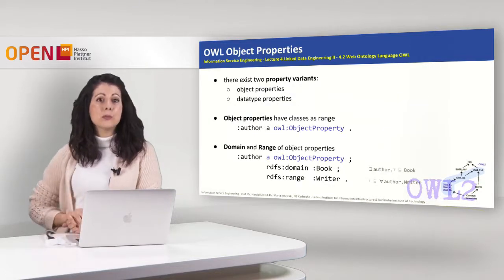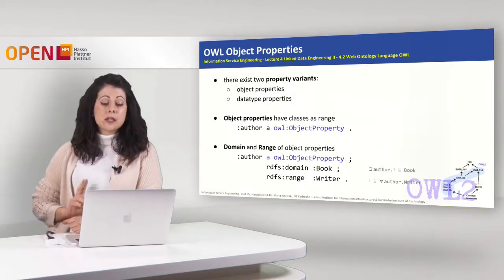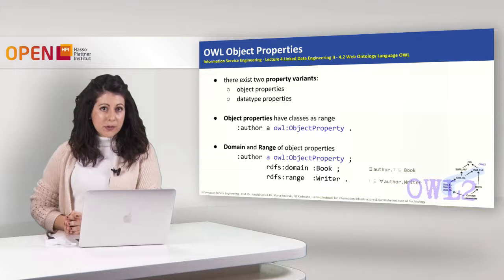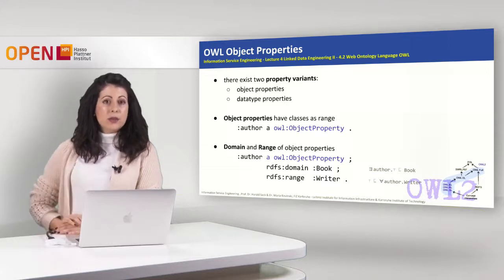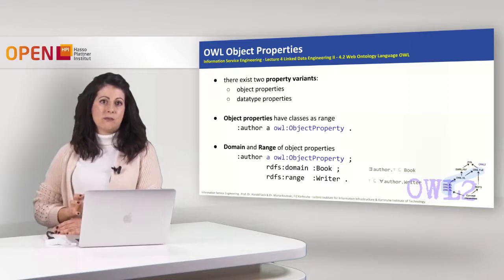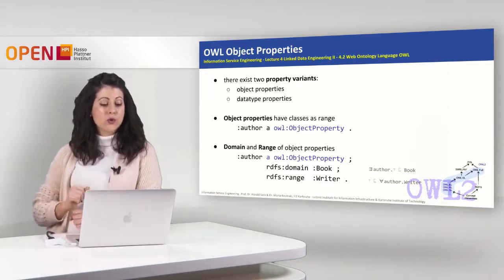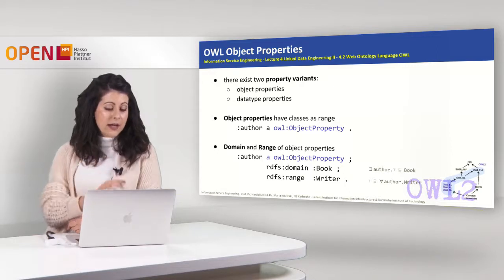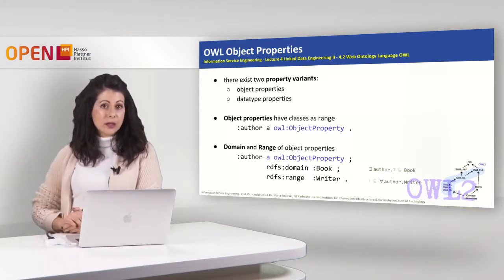And let's continue to the properties. There exist two kinds of properties in OWL, the object properties and the datatype properties. Starting with the object properties, these are those that have classes as a range. The difference between those two types of properties, object and datatype, is in the range. So the object properties have classes as a range. And here is how we define an object property.